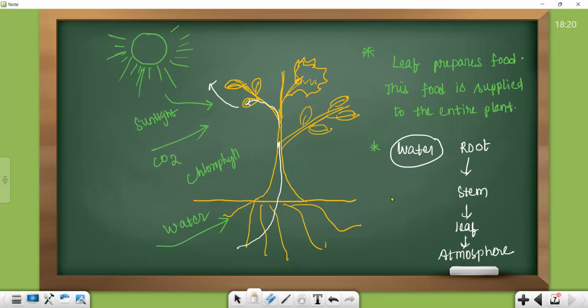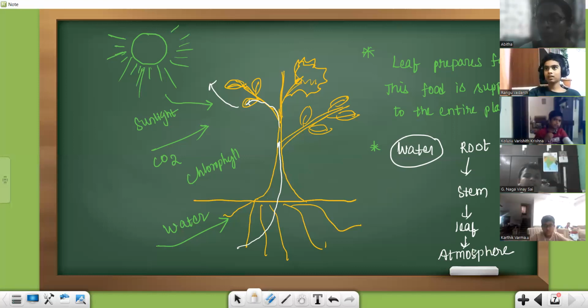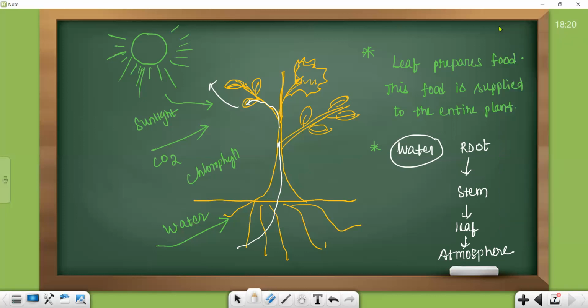Which process is this? Transpiration. In transpiration, loss of water takes place, and that loss is in the form of vapor.